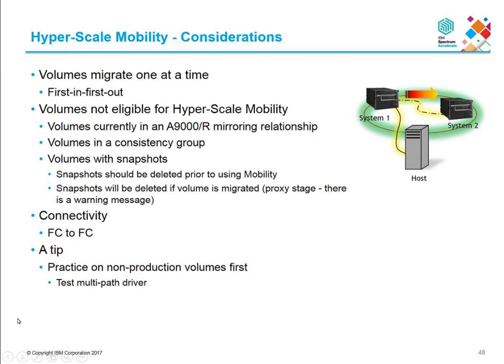Again, I'm going to migrate volumes one at a time, first in, first out. If a volume is in a mirroring relationship or in a consistency group, I cannot move it. If the volume has snapshots, I can do a mobility, but I'm not going to move the snapshots, only the volume.